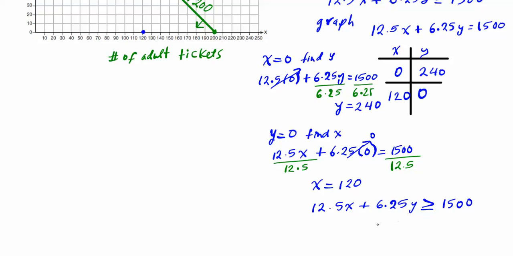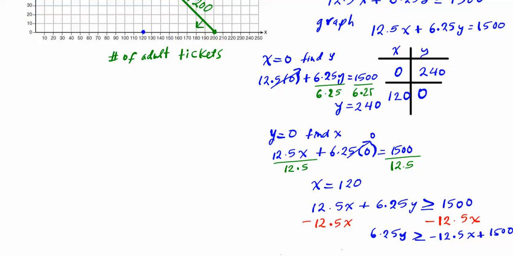So we just get y by itself. You subtract 12.5x from both sides, and then you have 6.25y is greater than or equal to negative 12.5x plus 1500.